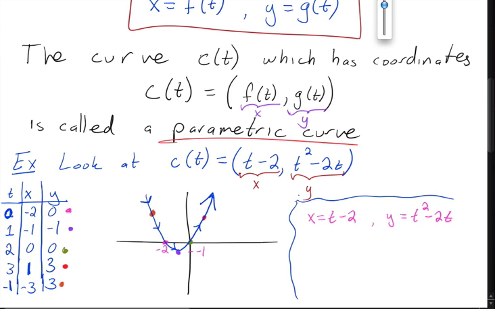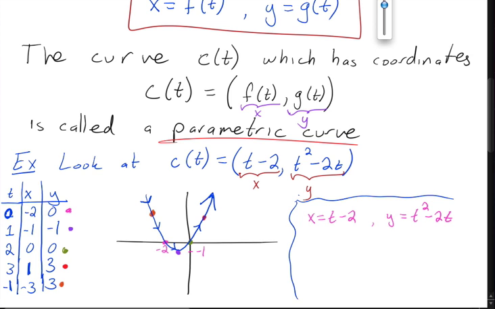Sometimes you can remove the parametrization, which means rewriting it so that you have y in terms of x or x in terms of y. It makes sense that we should be able to do this, because it turns out to be a parabola. So how would we do that?